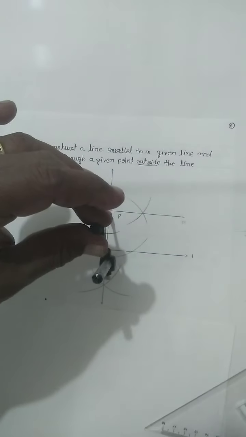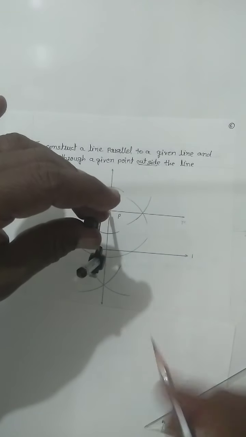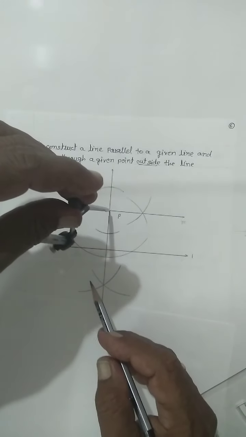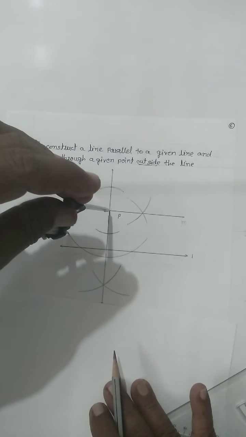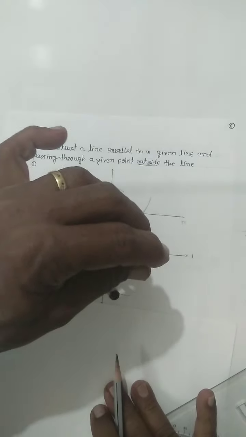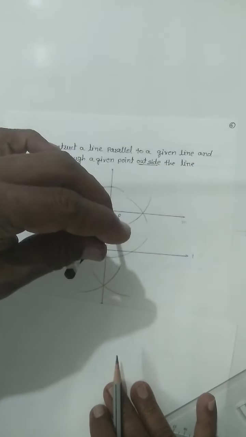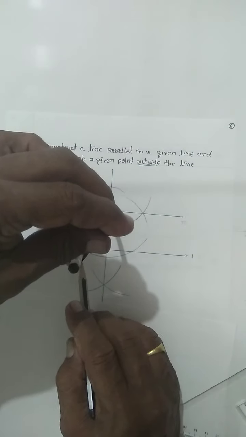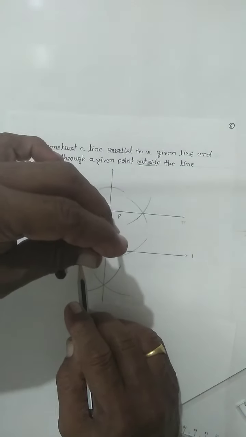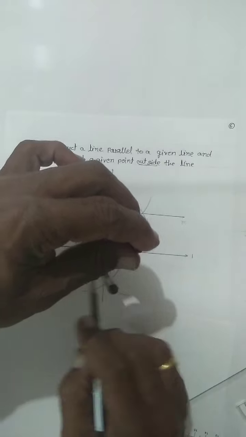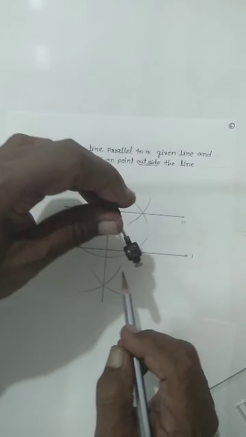In this way we take a distance. If we draw the arc from this point P, this arc intersects line L into 2 points, here 1 point and here the second point.